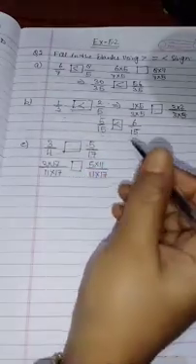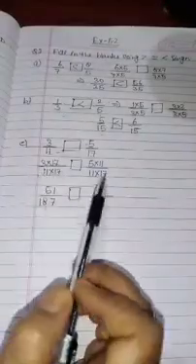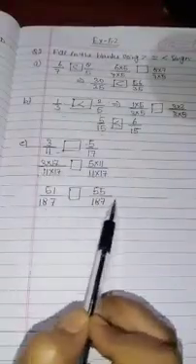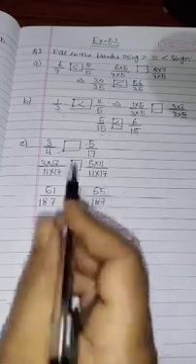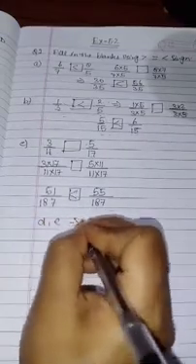Now see, 17 threes are 51 upon 11 into 17. So you see that after multiplication they are coming like that. So you compare the numerators 51 and 55. So 51 is smaller. So in this way, D and E parts you will do in your homework.